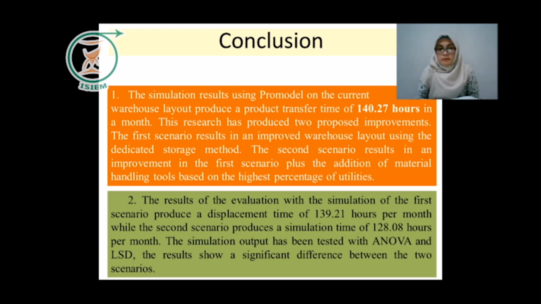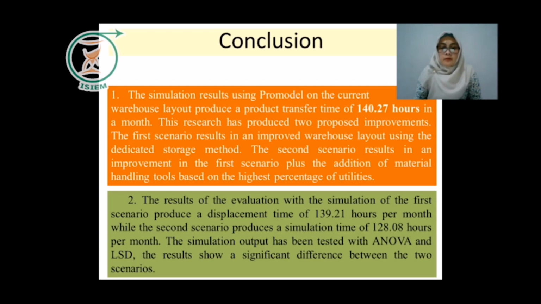The first scenario results in improvement of warehouse layout using the dedicated storage method, and the second scenario results in improvement of the first scenario plus the addition of material handling tools based on highest percentage of utilities.